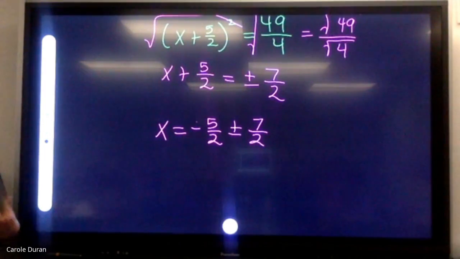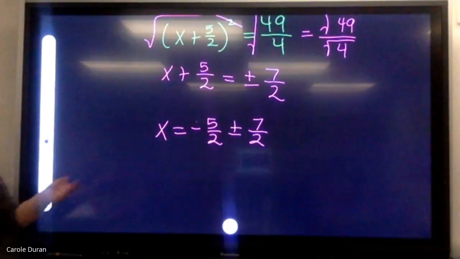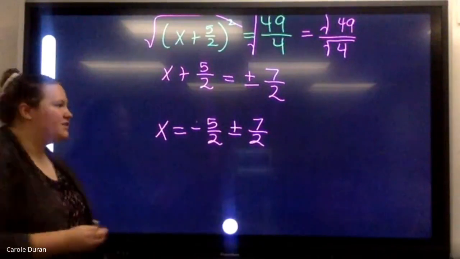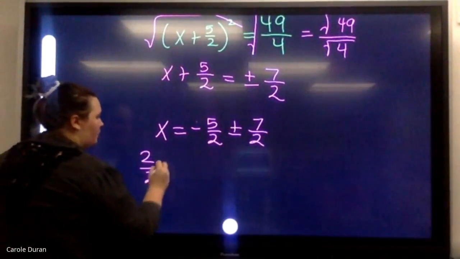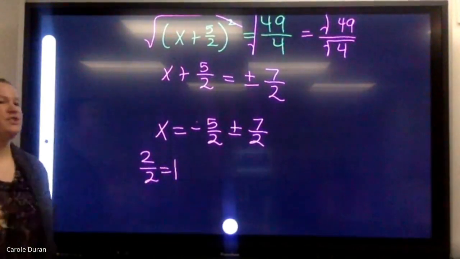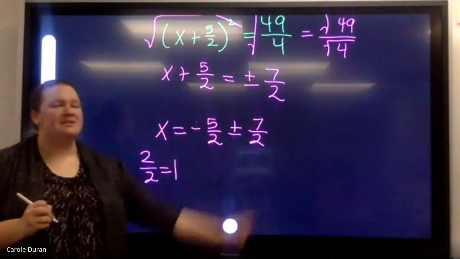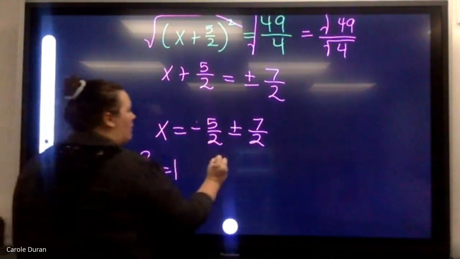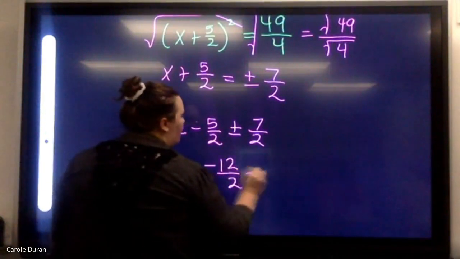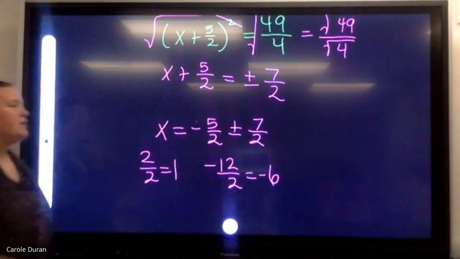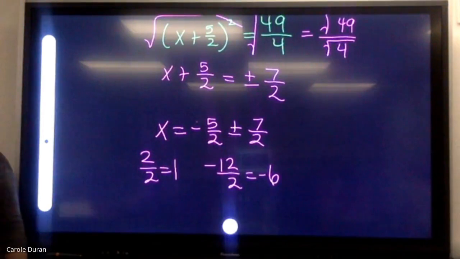Because they are the same denominator, I'm just adding or subtracting the numerators. So negative 5 plus 7 is 2. And 2 over 2 reduces to 1, so 1 is one of my answers. Negative 5 minus 7 is negative 12 over 2, which reduces to negative 6. So my 2 answers are negative 6 and 1.